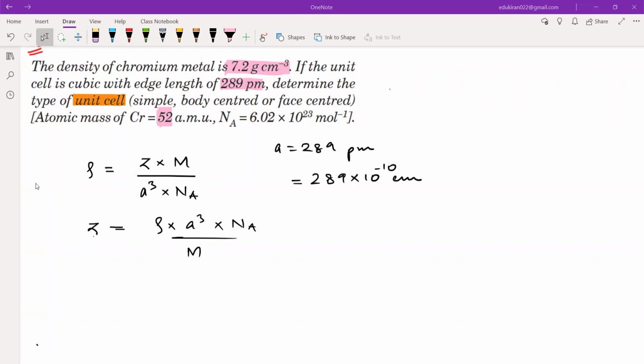So density you are getting as 7.2 grams per centimeter cube, and edge length is 289 cube into 10 to the power minus 30.